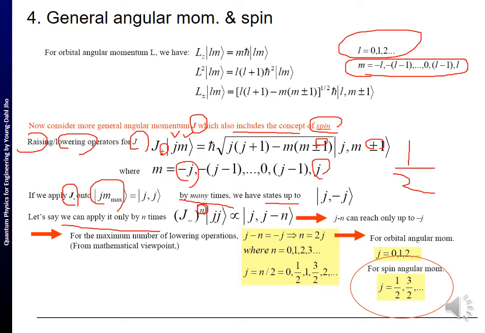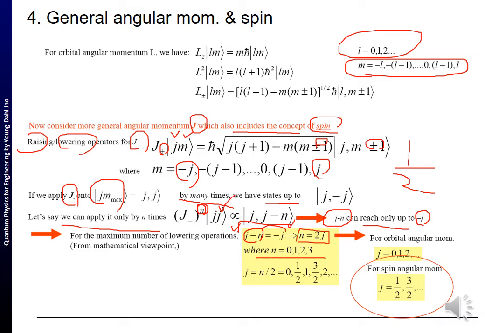Each time you lower it, so j minus n. So j minus n can reach only up to minus j. Minus j is the minimum value. So j minus n equals minus j. Then you move n to the right-hand side, then n equals 2j.